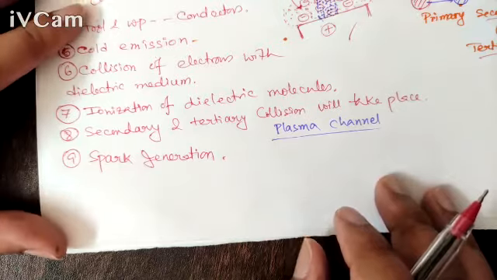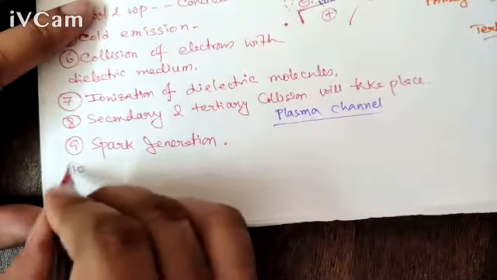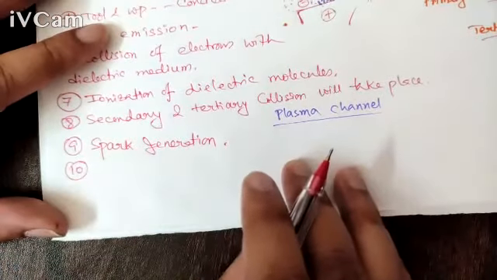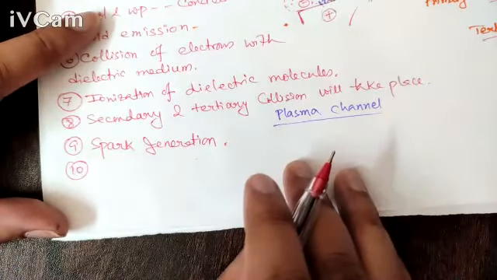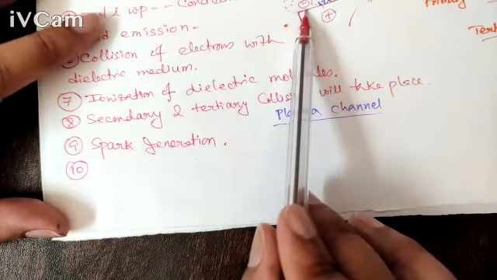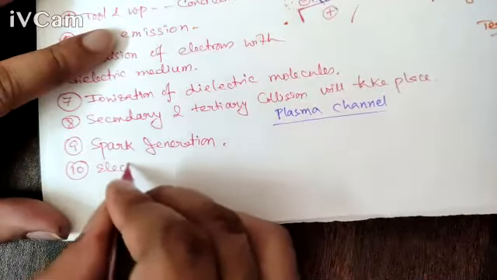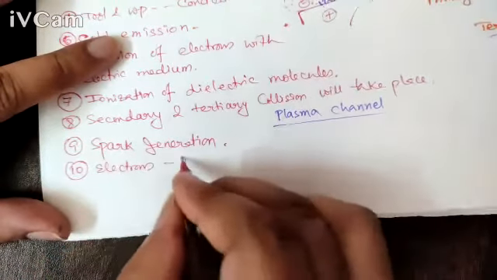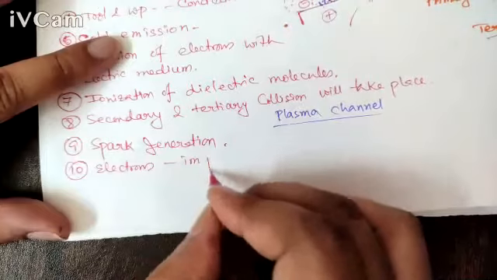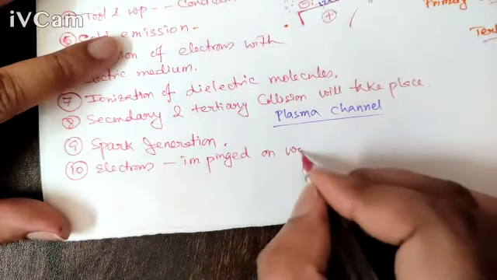Okay. So after this generation of spark, the 10th one, what is happening? Impingement of the electrons into the workpiece. So electrons will be impinged on the workpiece.